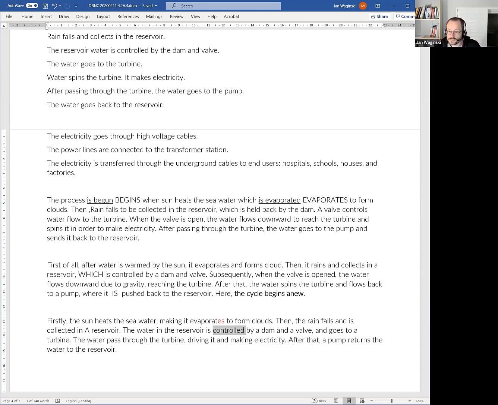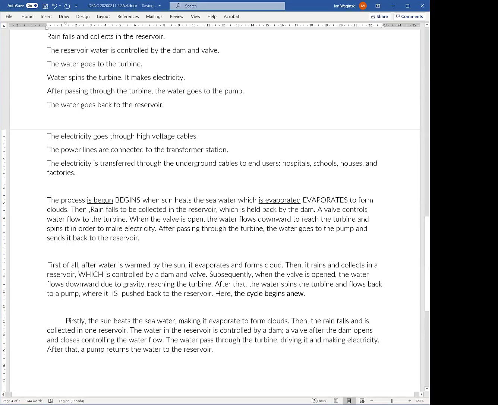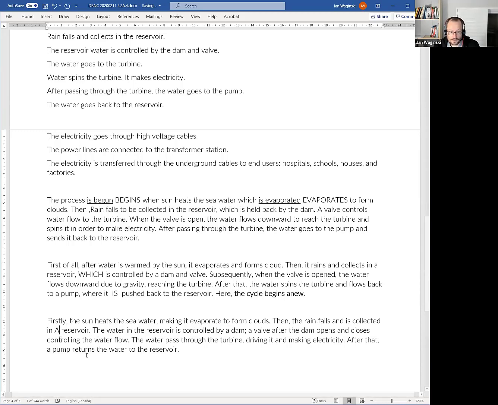Oh yeah, the last one. Yeah, but I use the same verb, the same adjective. Making it evaporate to form clouds. Okay, nice. Then the rain falls and is collected in a reservoir. Controlled by a dam. A better word to use here would be contained.